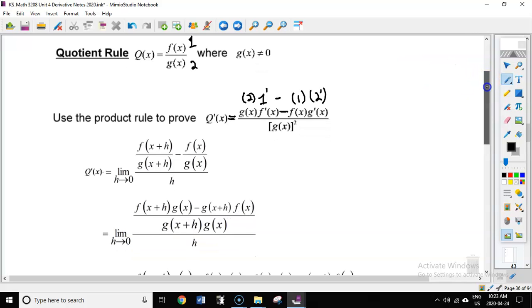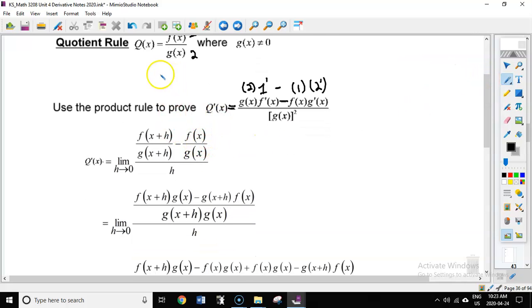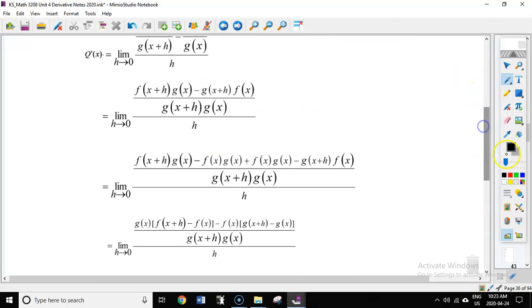The proof, as you can see right away, once you put fractions into the limit definition where you're dealing with x plus h and f's and g's, it does get messy. And similarly to the product rule, there's this part in the middle that we have to put in to equal 0, or negative f of x g of x plus f of x g of x, but it helps us factor in order to get the derivative notation we need.